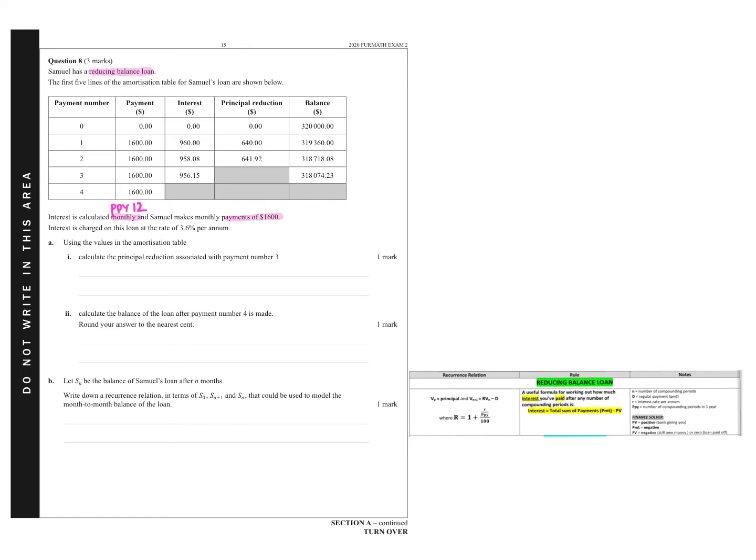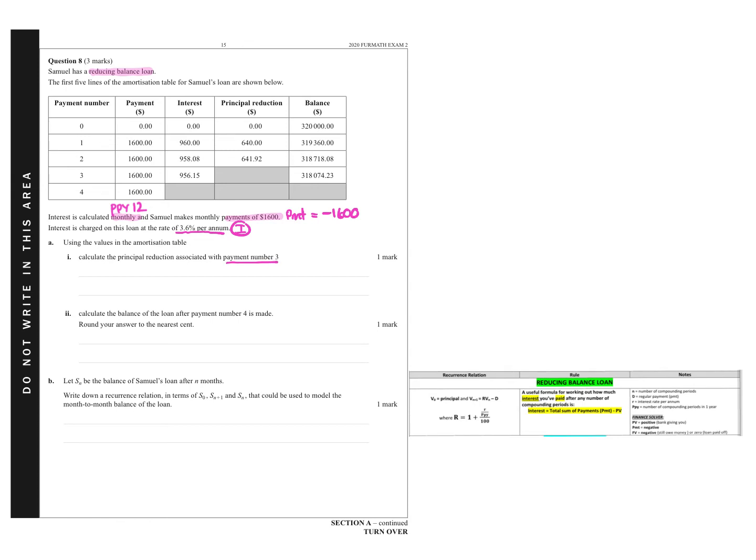If we were thinking of Finance Solver, that payment, because he's making payments, will be negative 1,600. Interest is charged on the loan at 3.6 per annum, so that is the I in Finance Solver. Now, using values in the amortization table, calculate the principal reduction of payment number 3.